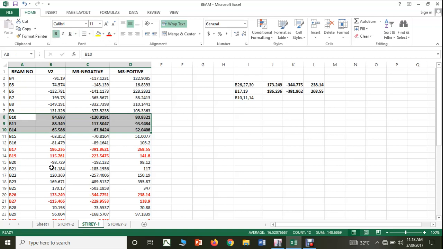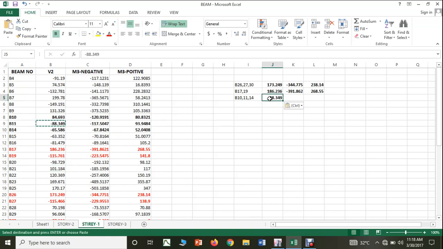In that, again, the highest will be 88. I'm supposed to choose the shear as this 88, then the negative bending moment as this, and the positive bending moment as this 93. So these three beams.